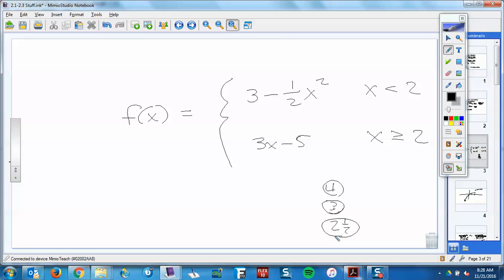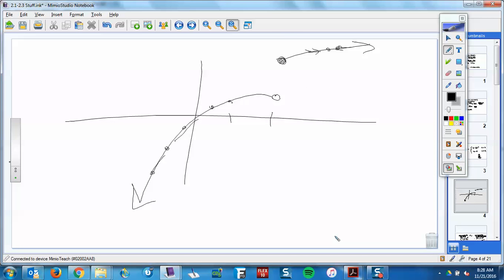Okay, so now what do you got to do for this? You got to plug it into both. Because what we're trying to, in other words, again, say you don't have this graph. Well, what are the two things that could possibly happen in a piecewise function? When this graph ends and the other one takes off, what are the two options for the other one taking off?